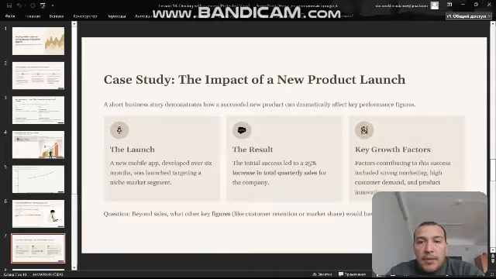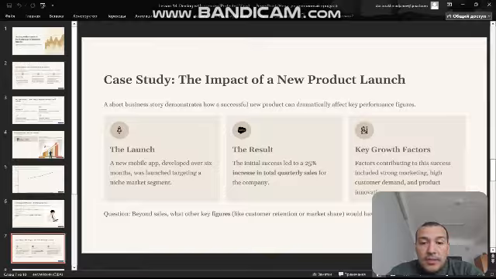Case study: the impact of a new product launch. A short business story demonstrates how a successful new product can dramatically affect key performance figures. The launch: a new mobile app developed over 6 months was launched targeting a niche market segment.